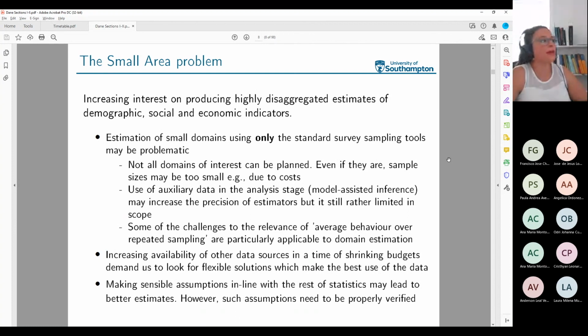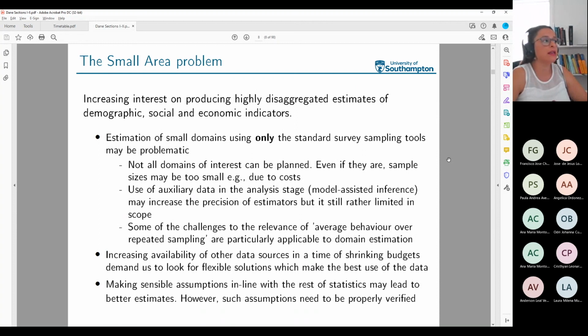small area problem. We have an increasing interest in producing highly disaggregated estimates of demographic, social, economic indicators. Everybody wants to produce poverty estimates at the lowest possible level of resolution if you can. And for estimation of small domains using only the standard survey sampling tools, the design-based inference may be problematic.